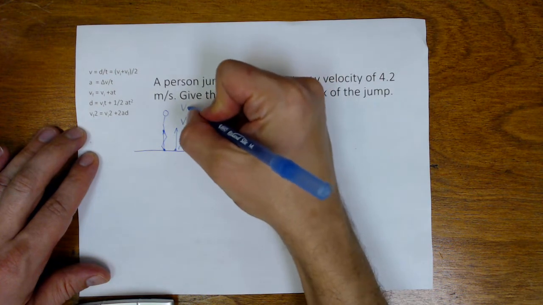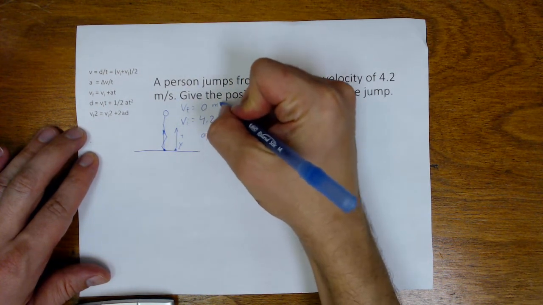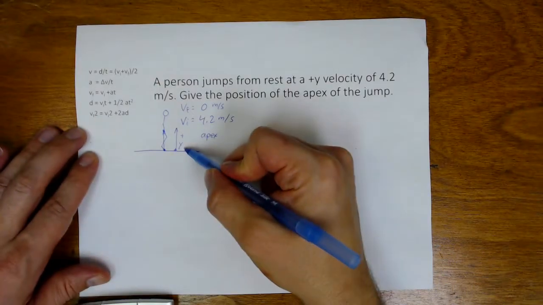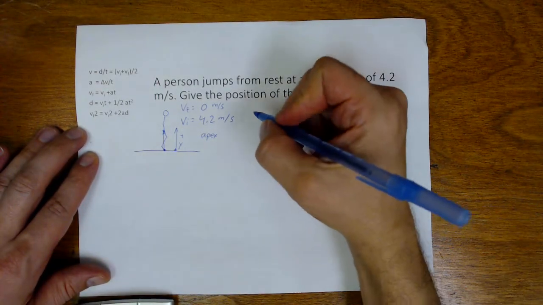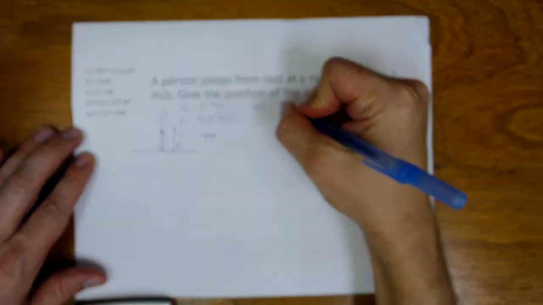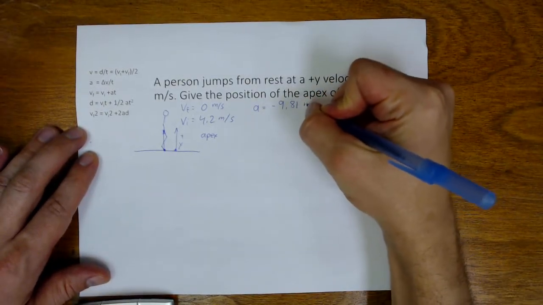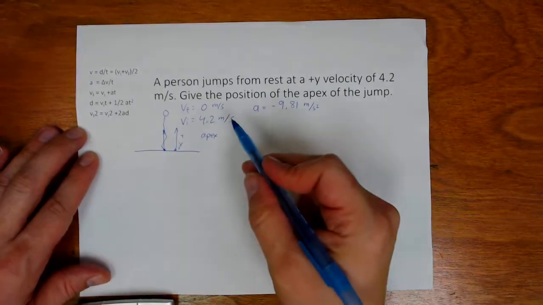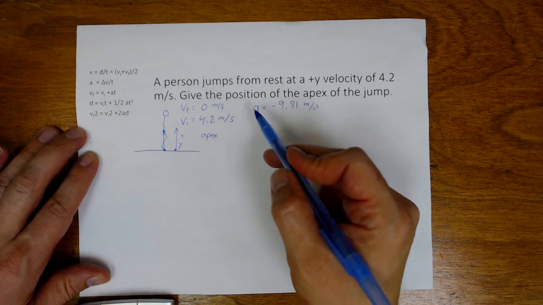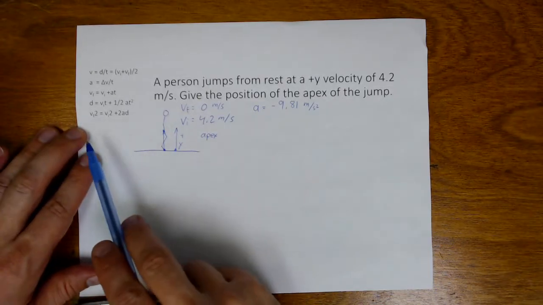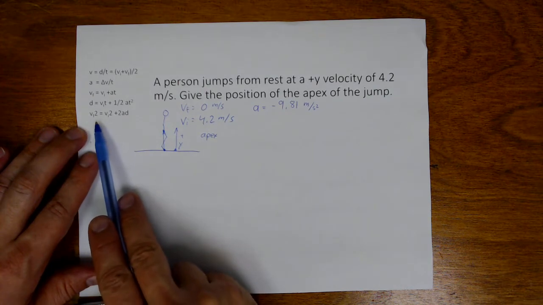So we can say the final velocity is 0 meters per second. Also, when we're working with the y direction, we can automatically assume that we're on Earth, and our acceleration is gravity, which is 9.81 meters per second squared. So now we're starting to fill in some of these different variables, and we can look at our equations over here and find one that suits our needs.